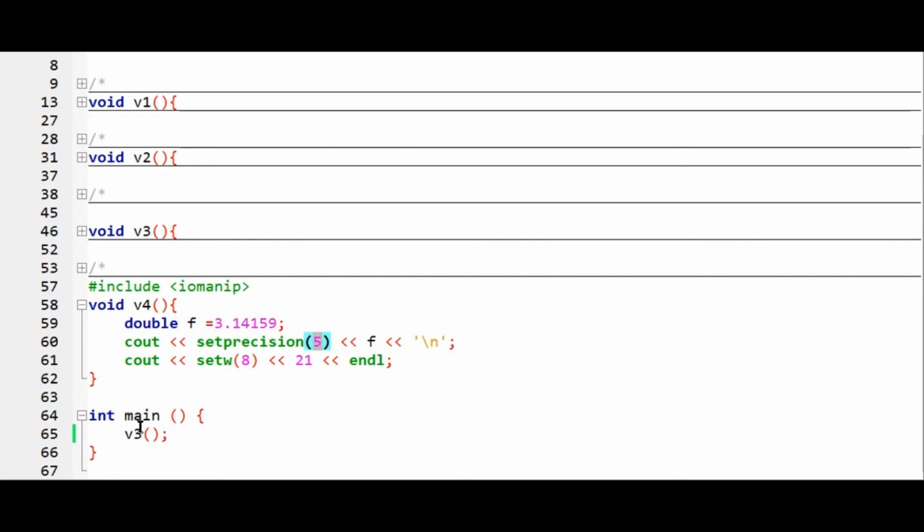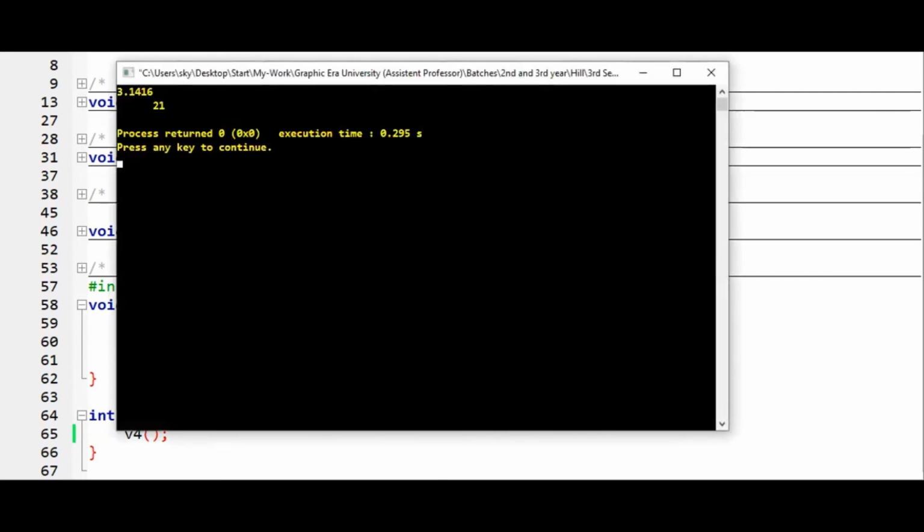So without any further ado, let me execute this program for V4. We will see what changes it will make in the output. Okay, it is only taking 5 digits, 3.1, 2, 3, 4, 5.